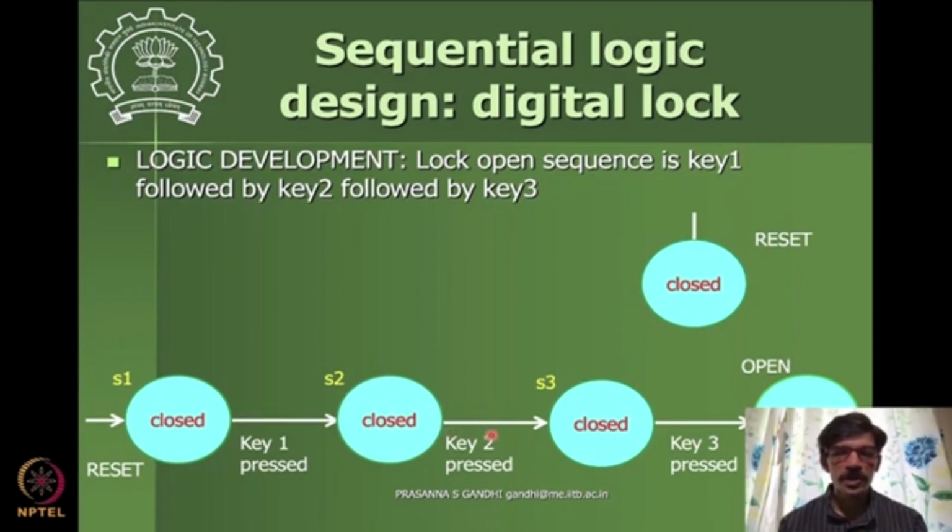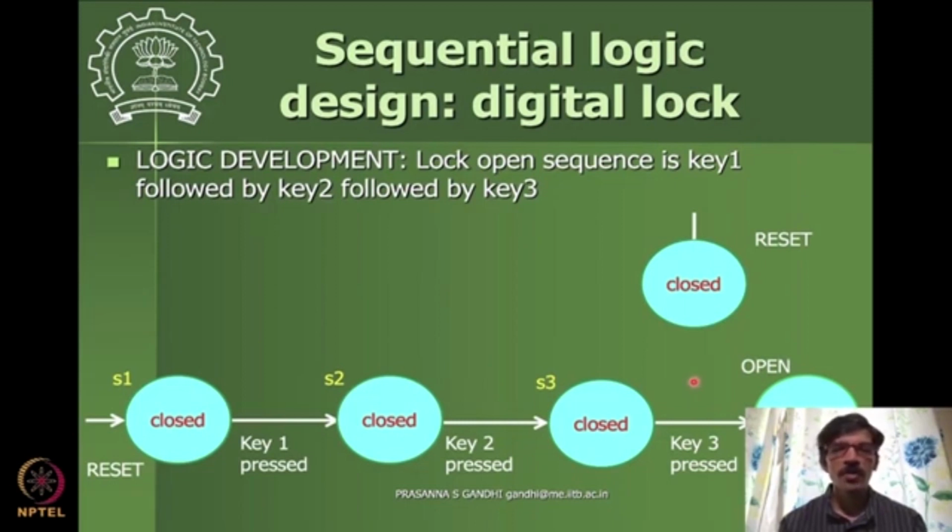Suppose key 2 is also right and now I'm in state 3. At state 3, if key 3 is pressed, which is the correct key, I'll open the lock. That is the way we define the states, and this is how the system will progress from one state to another when the right keys are pressed, and my lock will be open.